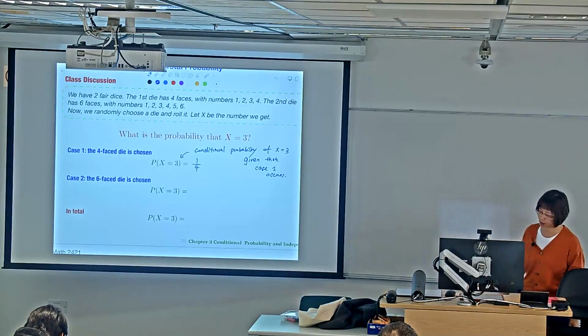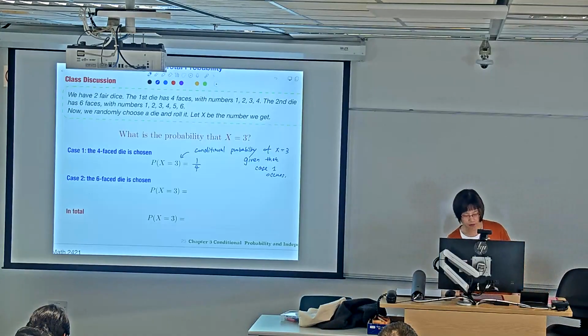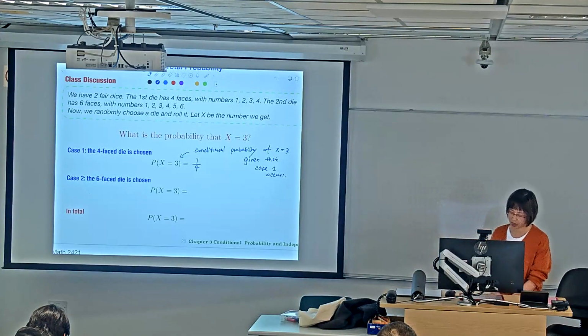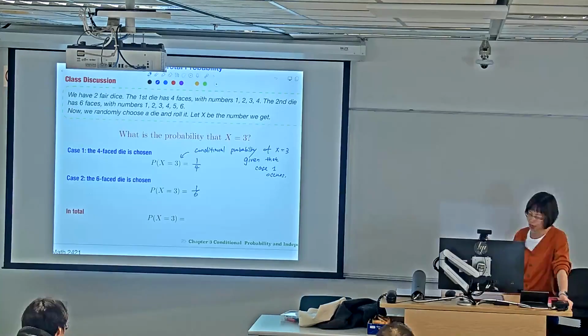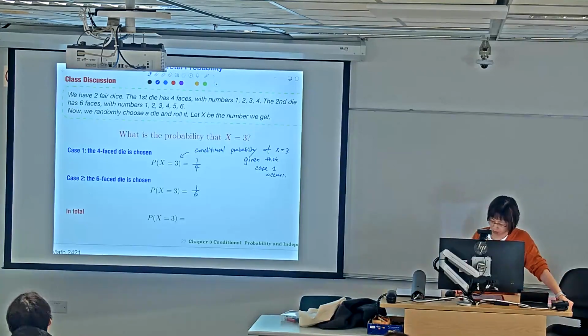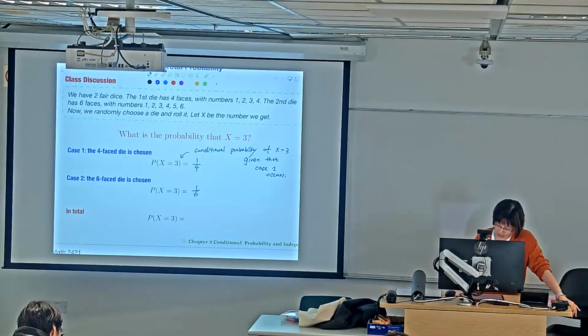And the second case, the 6-face die is chosen. Then we can compute the probability x equals 3. Now it's just 1/6. And this is also a conditional probability of this event given that case 2 occurs, or case 1 does not occur.